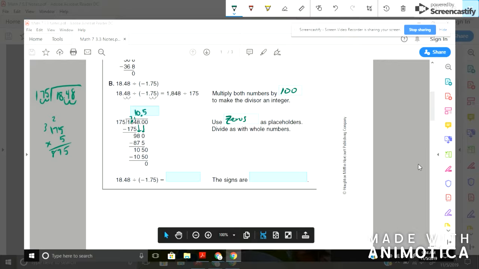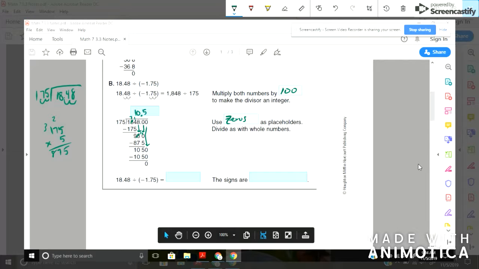Subtract these. I'd have to borrow. Make this a 7, make this a 10. 10 minus 5 is 5. 7 minus 7 is 0. And 9 minus 8 is 1. So I get 105 when I subtract and then bring down another 0. Okay, and how many times does 175 go into 1,050?